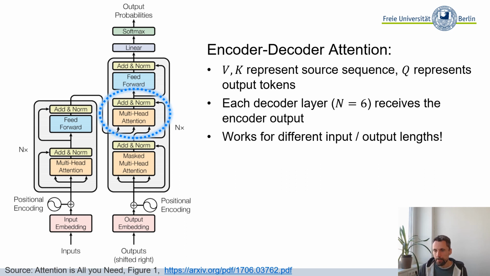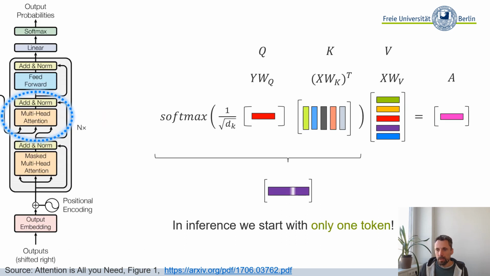So let's do this here in an example. In inference, we will start with one token, the BOS token, right? So this means, network, tell me the first word, okay? Conditioned on what was our input sequence. And so in this attention layer here, we'll use just one token. That is the representation of the BOS token.